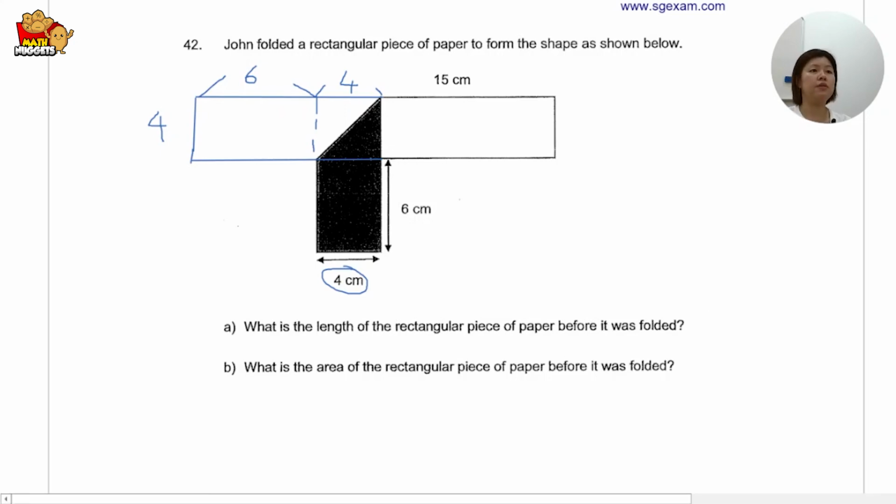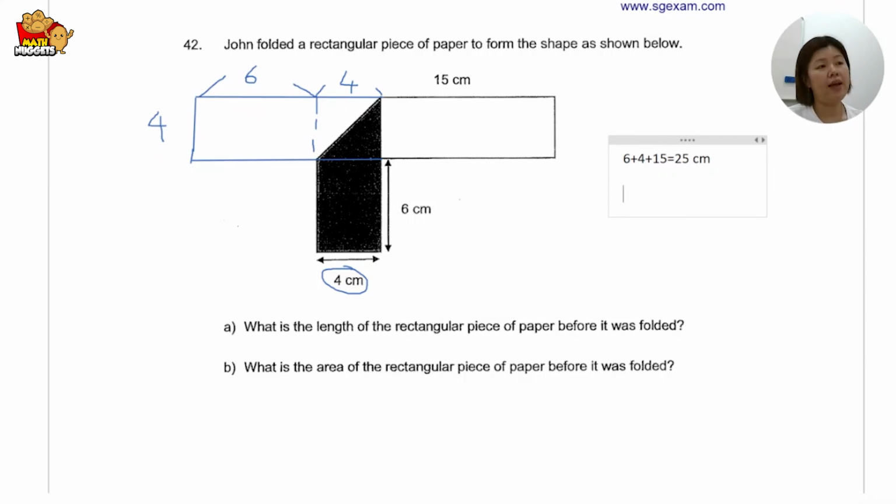So the length will be 6 plus 4 plus 15 equals to 25 cm. And you want to find the area before it was folded.